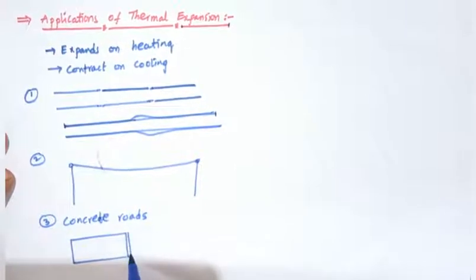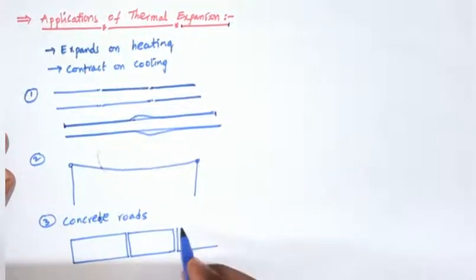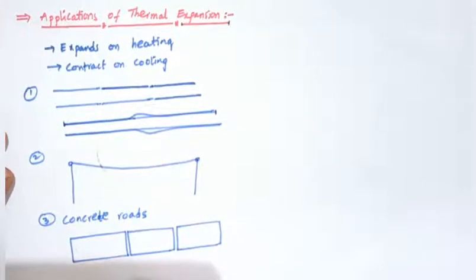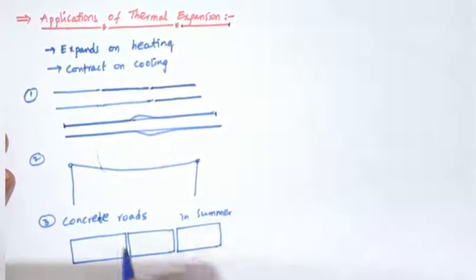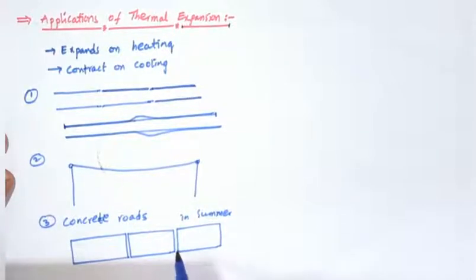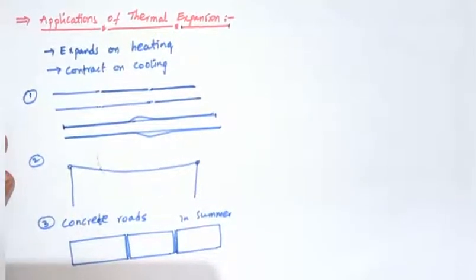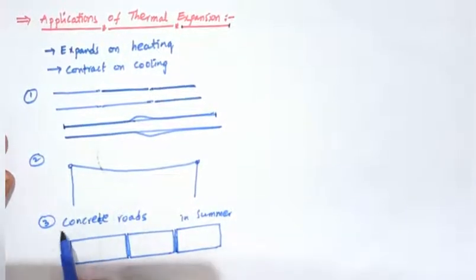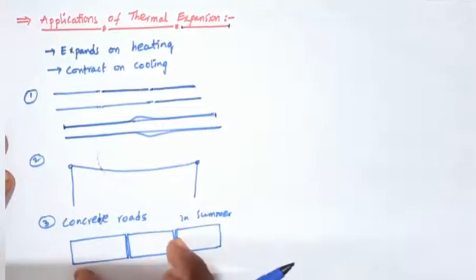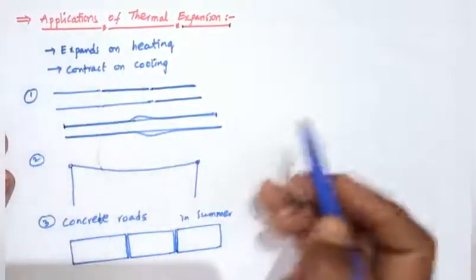In summer, because of the thermal expansion of the concrete, if there are no gaps, it cracks. Therefore, in concrete roads, gaps are left in between certain parts. So this is one of the applications.